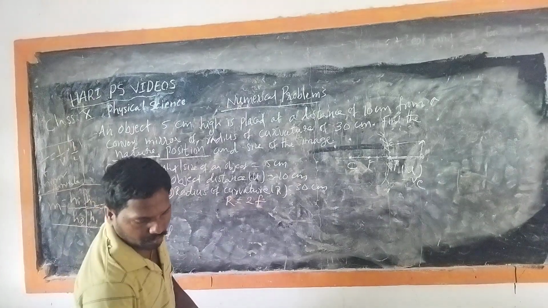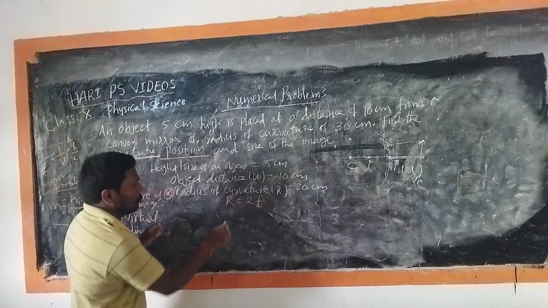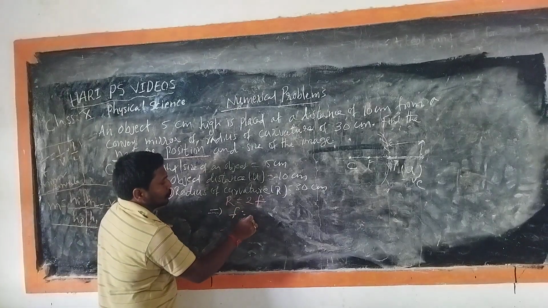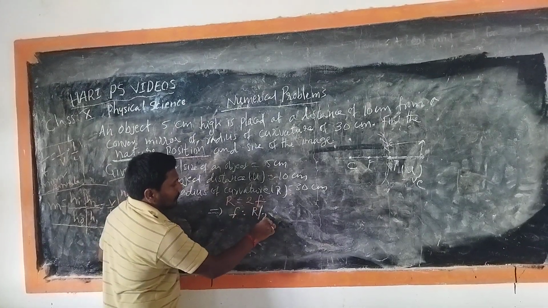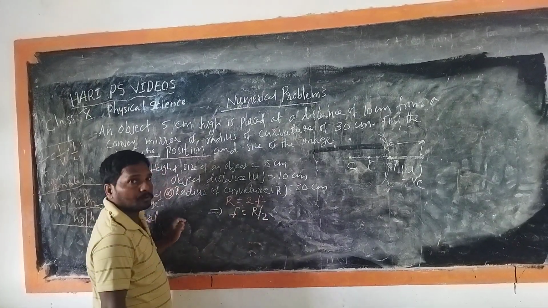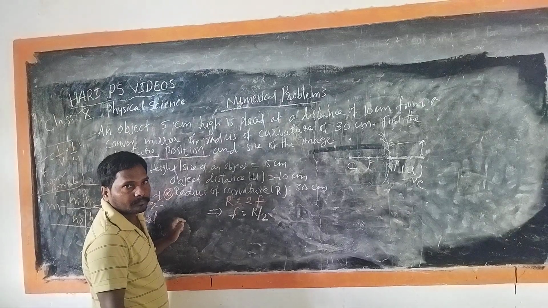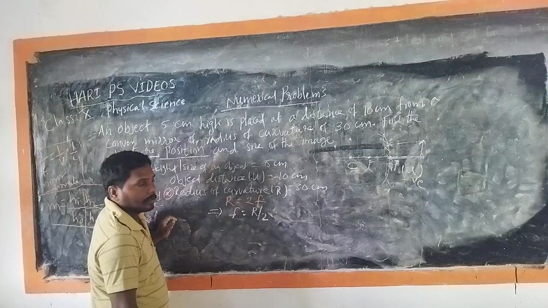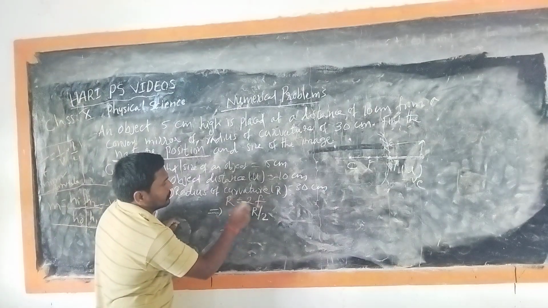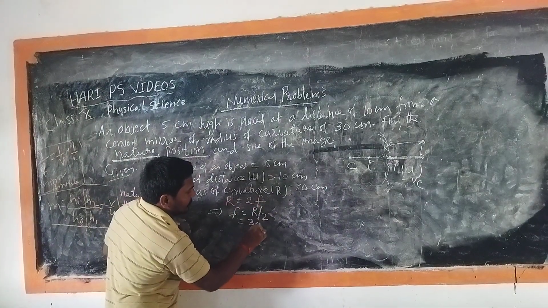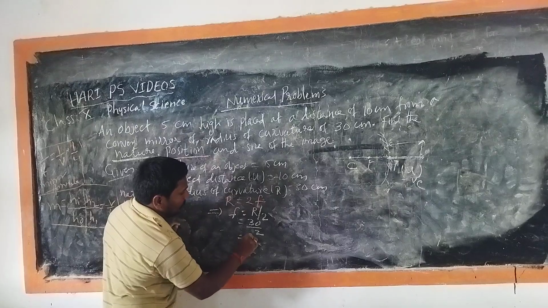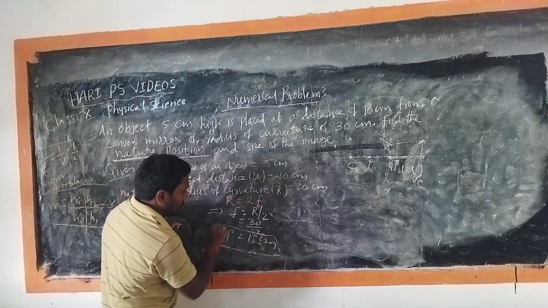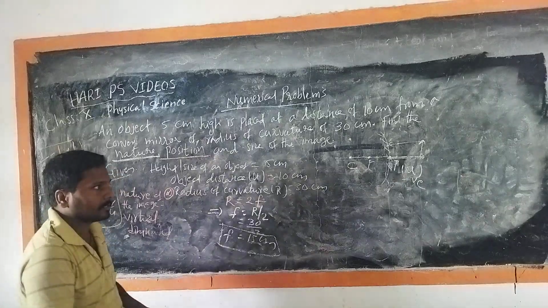From this, f equals r by 2. Substituting r as 30, 30 by 2 is equal to 15 centimeters. So the focal length is 15 centimeters.